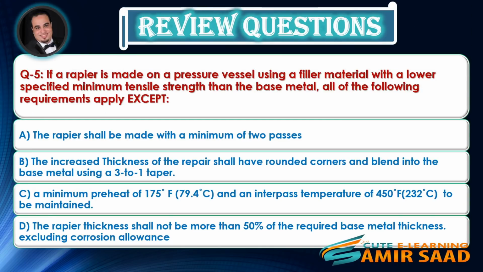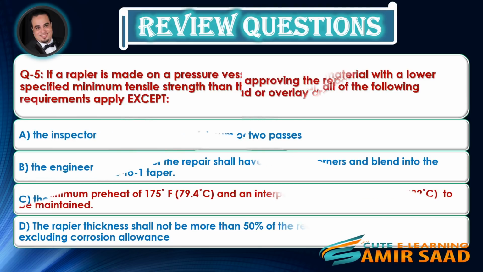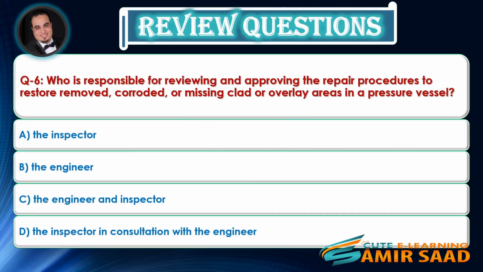Question number 5. If a repair is made on a pressure vessel using a filler material with a lower specified minimum tensile strength than the base metal, all of the following requirements apply except. Answer is C. Question number 6.